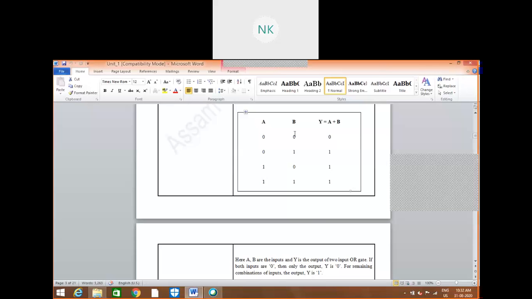Two rules have been given to you: either you have your I card or you wear your uniform. In the first case, you don't have any I card and haven't worn your college dress, so you are not allowed to enter the college. That means 0 plus 0 is 0.